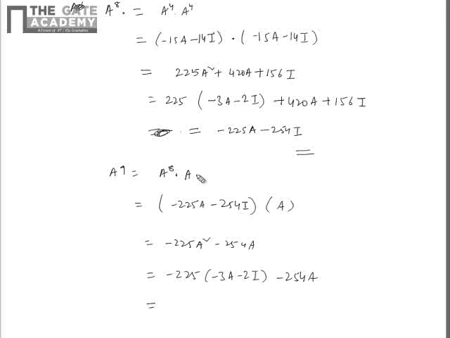If I simplify, 511A plus 510I. As you can see, 225 into 3 is 675, minus 675 plus 675 minus 254 will be 511, and plus 510. So the answer is 511A plus 510I for A power 9, and the option is A.